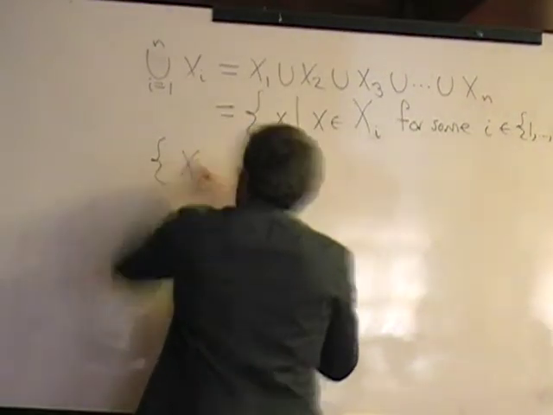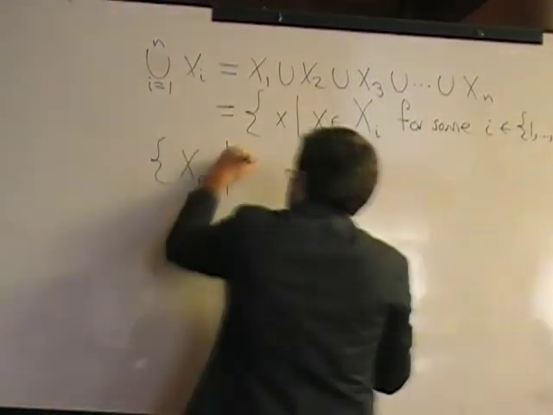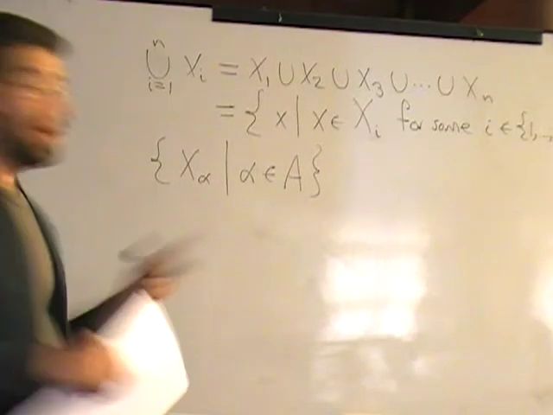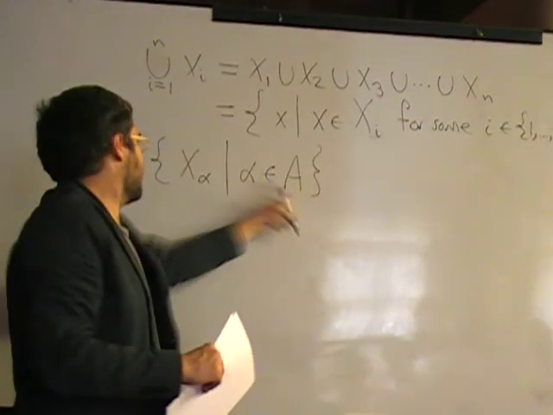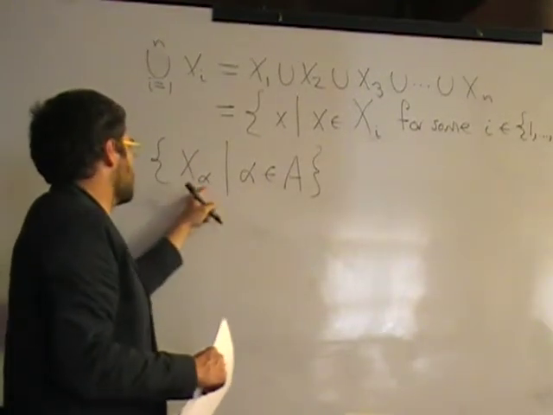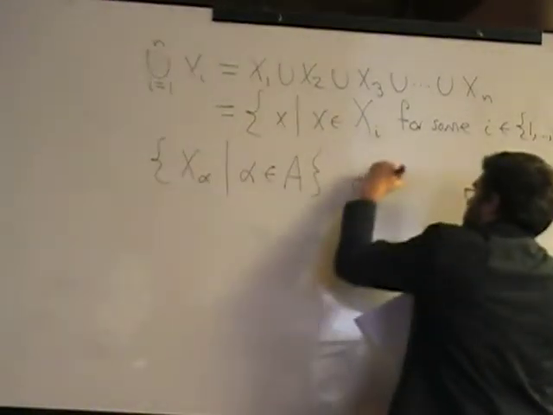I have x, and here I'm just writing the symbol alpha. You can use whatever symbol you want. alpha is an element of A. So I have a set A, and then for each element of A, I have a set called X with that symbol down there. So this is a set of sets, but it sounds better if you say collection of sets.